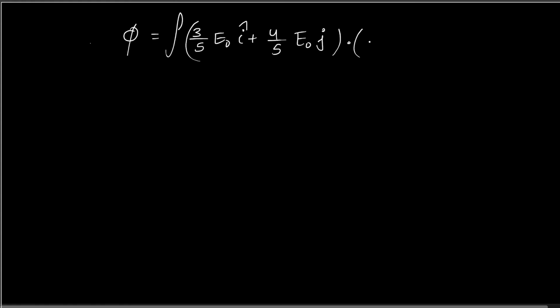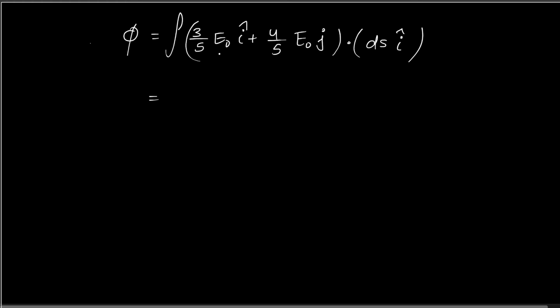Dot product with the area. Let me first take the area as A only, but you have to represent the direction also. It is i cap. Let me first take it as ds vector only. After that I will integrate it.